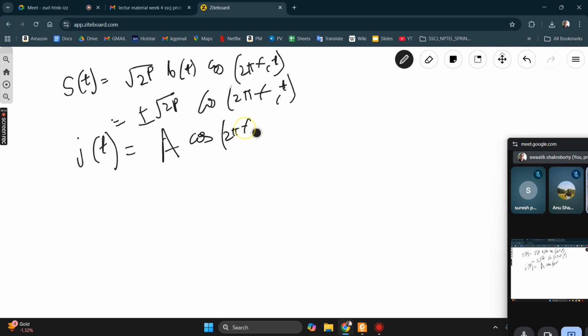So the received signal RT is this ST and the jam signal JT.